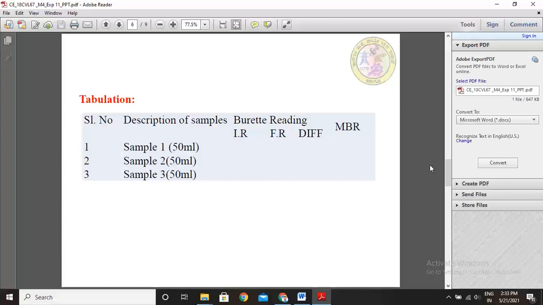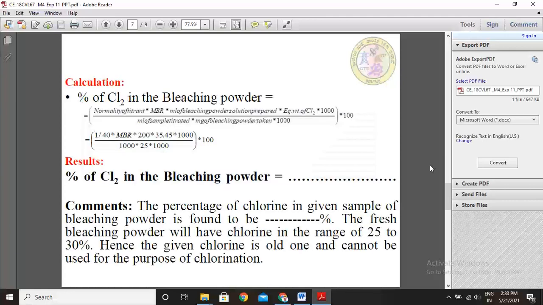Then we find the MBR, that is the mean burette reading. Here in this table we are doing 3 trials: sample 1, sample 2, sample 3. For each sample you take 50 ml. Then you repeat the number of trials, take the readings, and then do the calculations. These are the calculations. Okay.